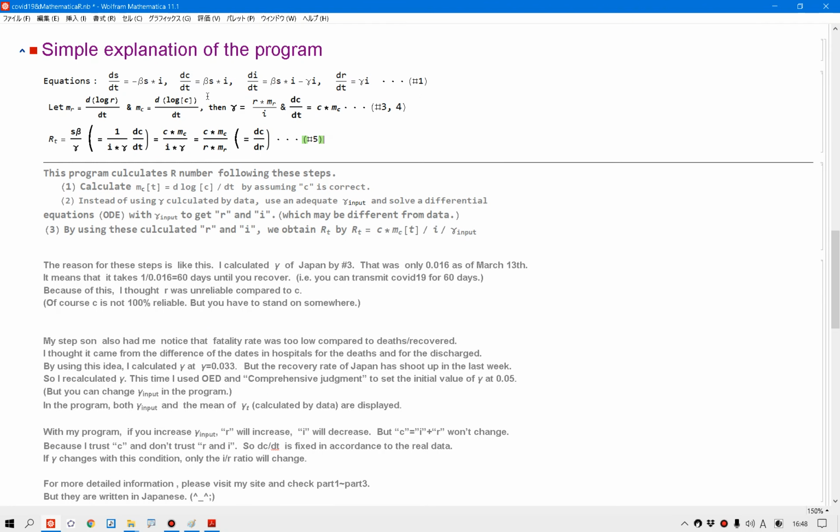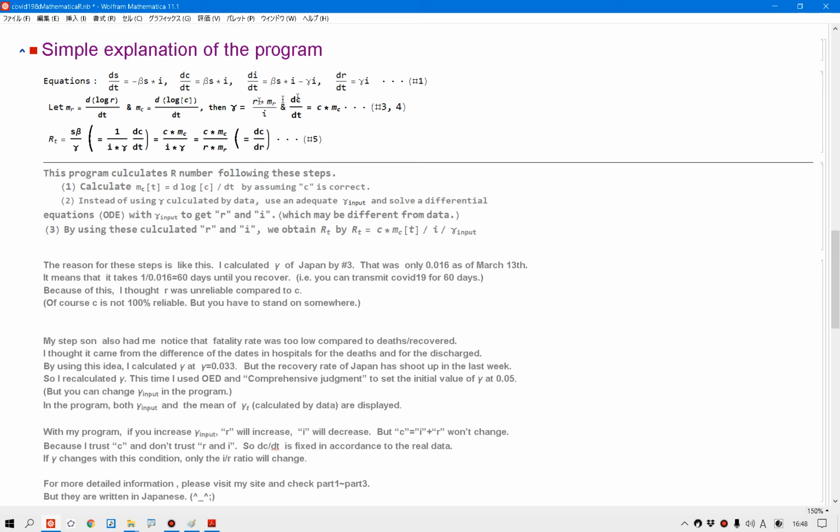Now I can explain my program. This program calculates following these steps. First, calculate mc by assuming C is correct. So by calculating mc, we get dC/dt, which means that we also get beta S I. So the only thing we need to solve this equation is gamma.